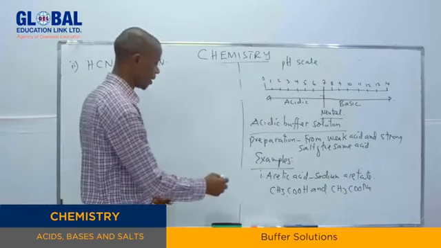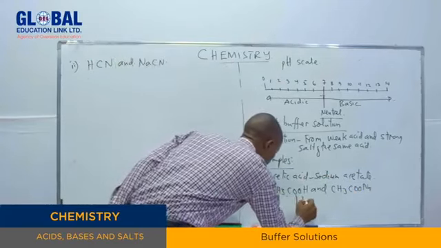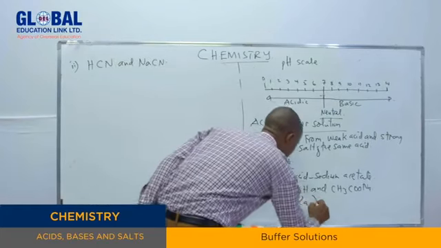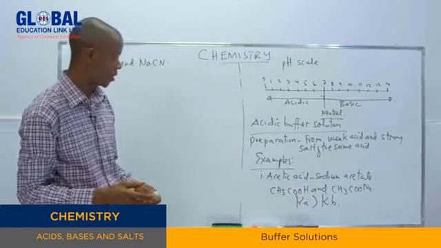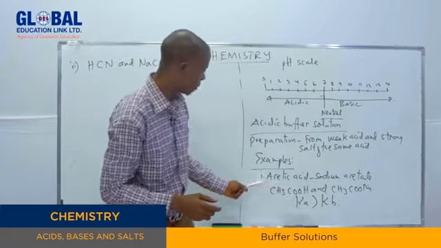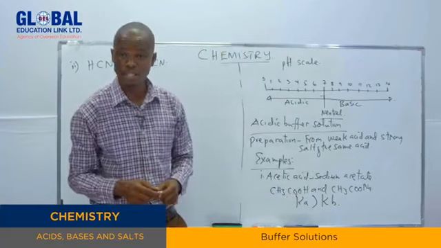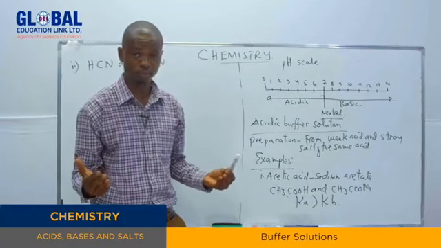So when you compare, the ionization constant for this acid is greater than the ionization constant for the base. So this makes this mixture to be acidic. So it is very simple from there.